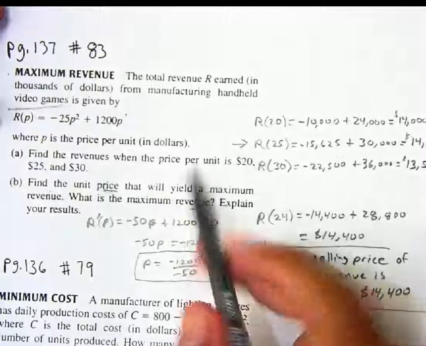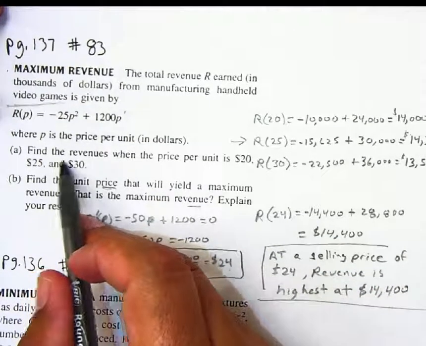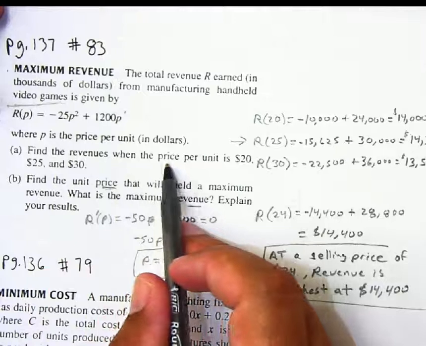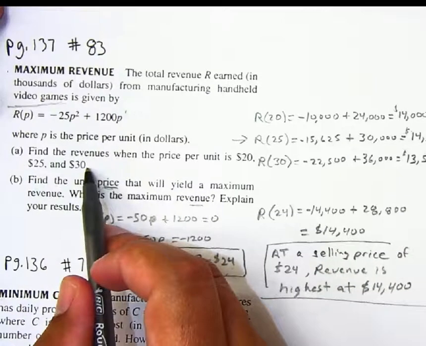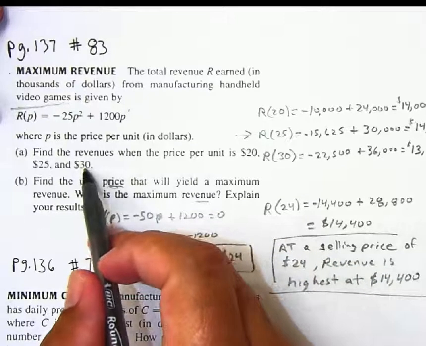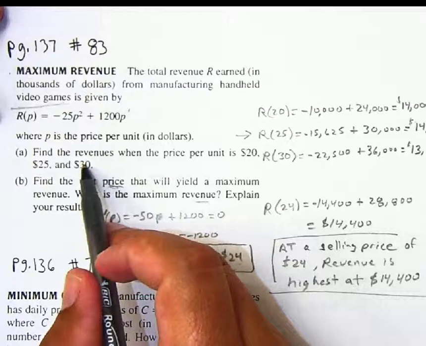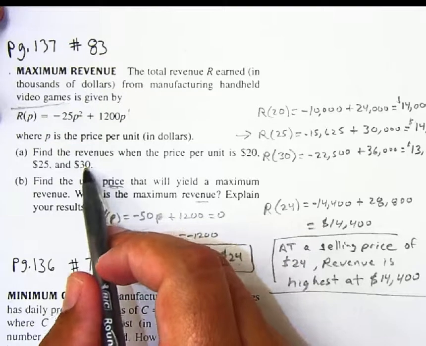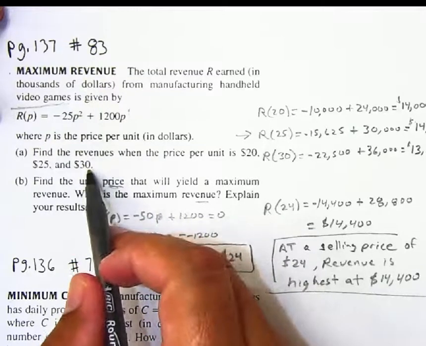And okay, so question A says find the revenues if the price of the video game is $20, $25, or $30. Okay, sometimes the highest number here will not necessarily yield the highest revenue, because maybe $30 is way too much for a video game and maybe not that many people are going to buy it.